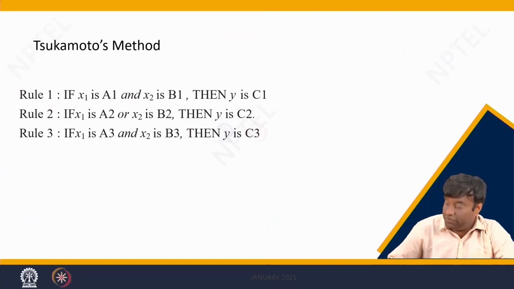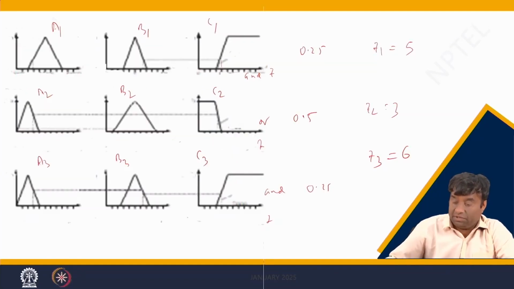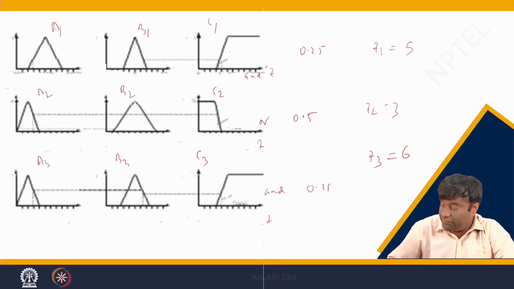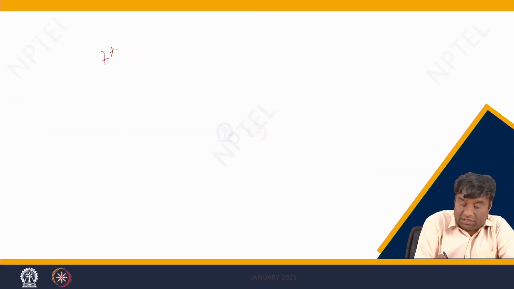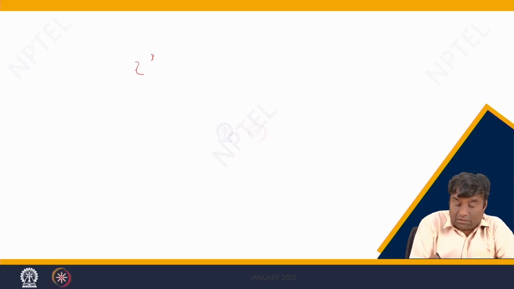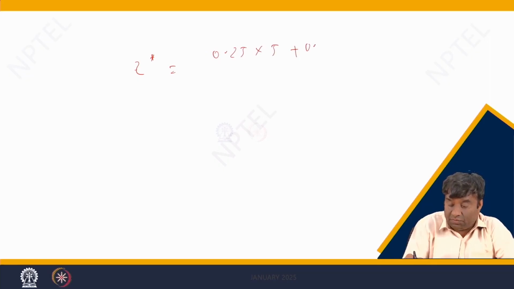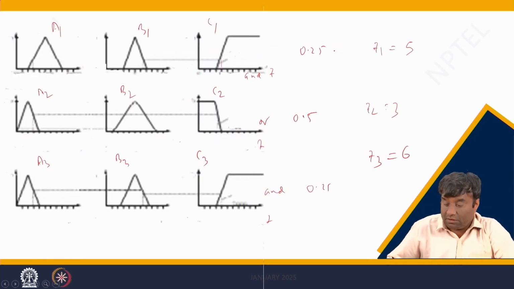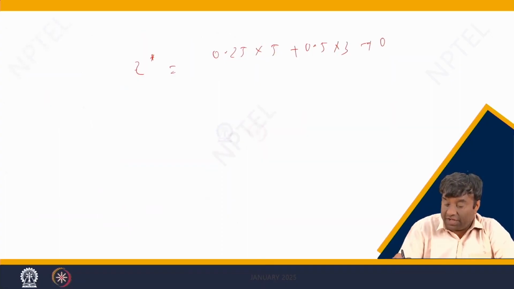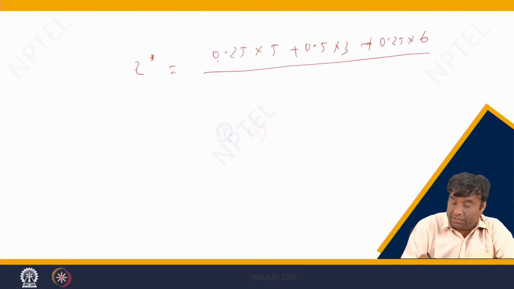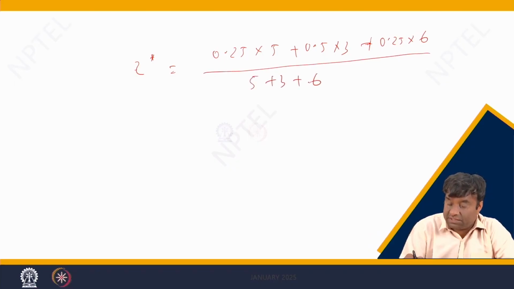So here the value of Z star will be 0.25 into 5 plus 0.5 into 3 plus 0.25 into 6, divided by 5 plus 3 plus 6.